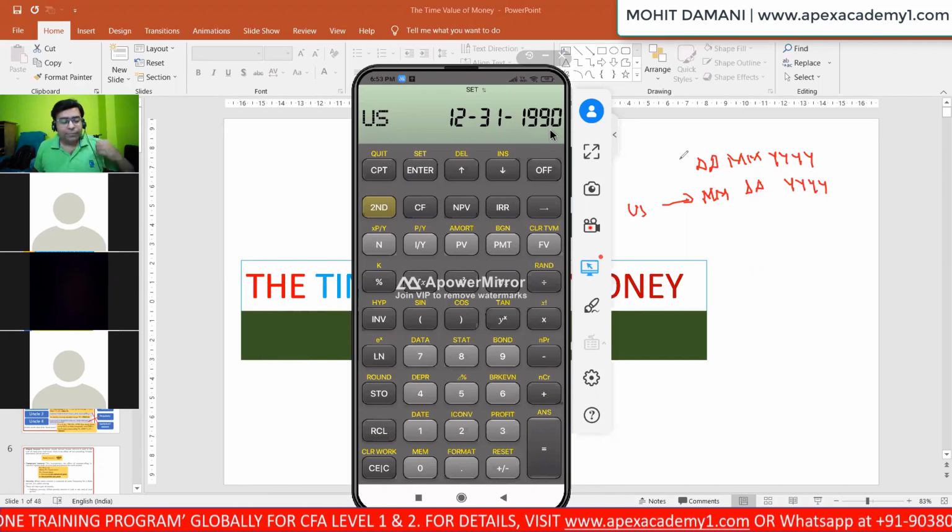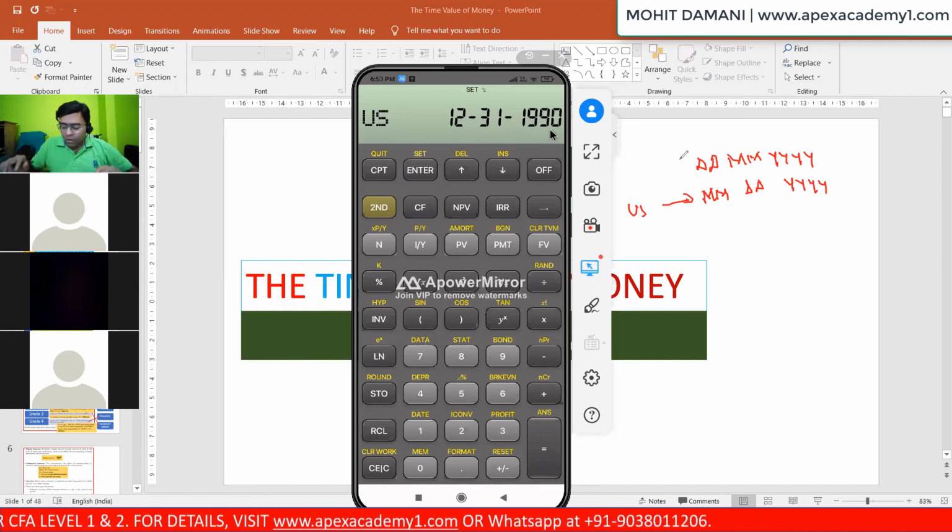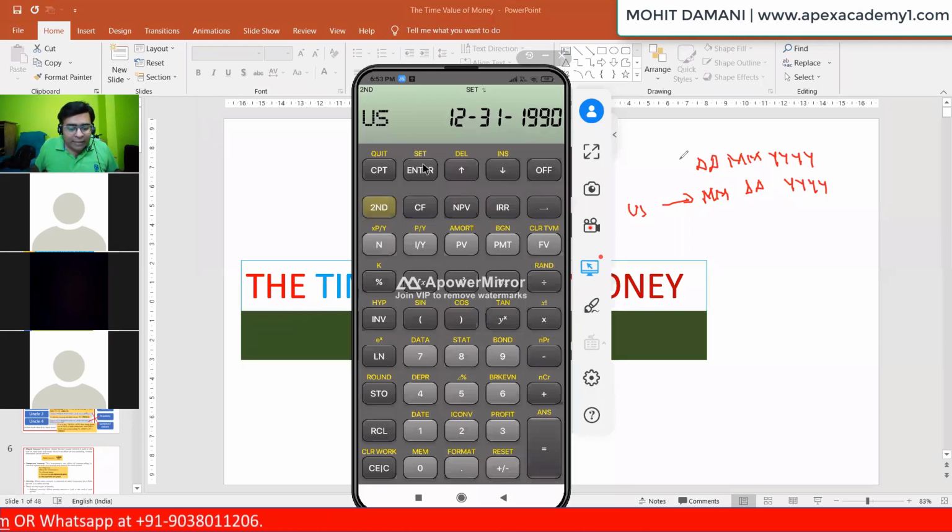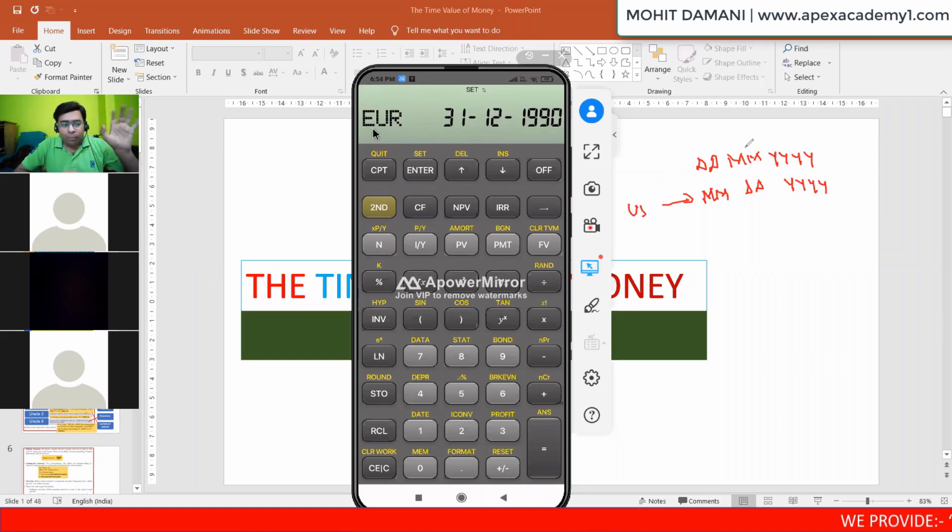In India, and now I am switching to other parts of the world, I am pressing second and then enter. Okay, in India I can say that, and it's writing EUR, so I presume, but I don't know exactly about Europe, but in a few European regions also, or maybe this particular DDMMYY format is followed.